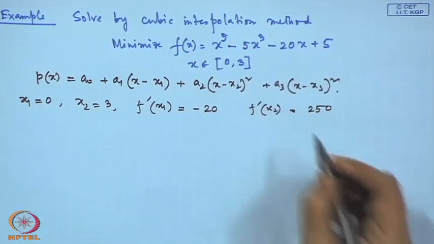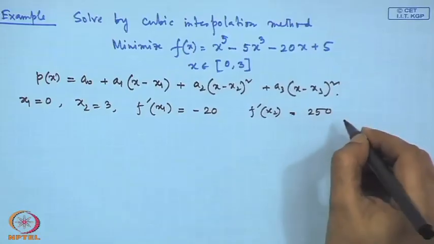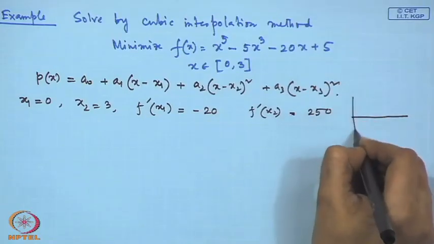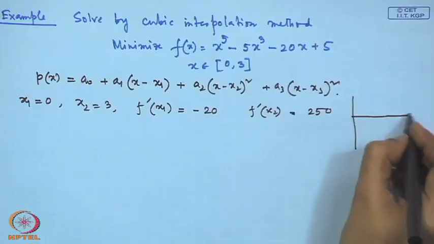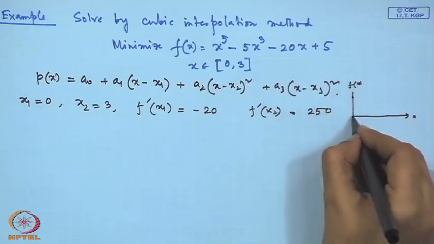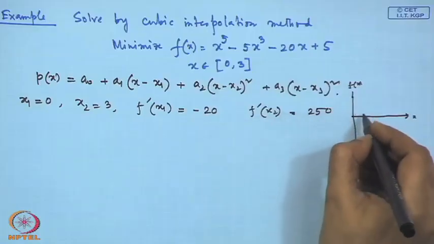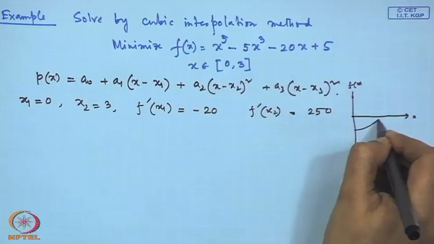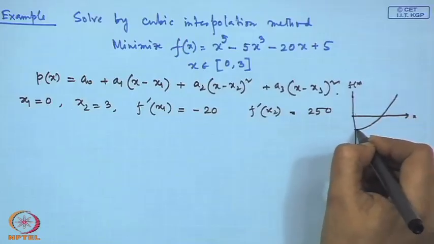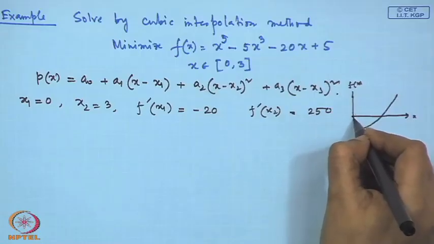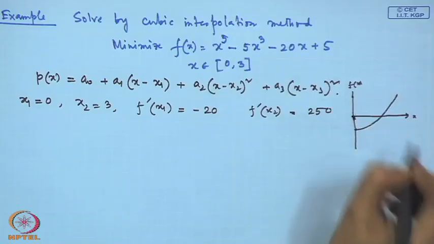Then the function looks like this, and we have assumed that the function is unimodal. This is x, this is f(x). That means the function is coming from zero, it is negative, and goes from negative to positive in this way, all right, and the minimum may lie here; it could be this way as well, all right.